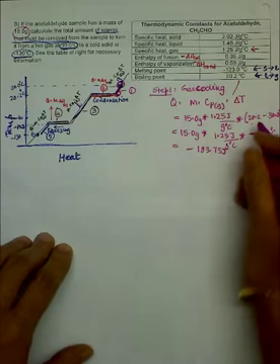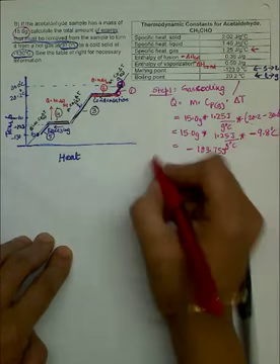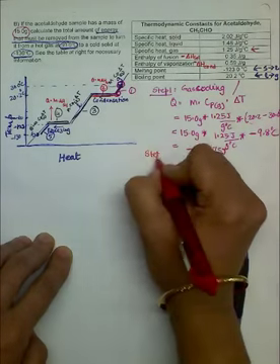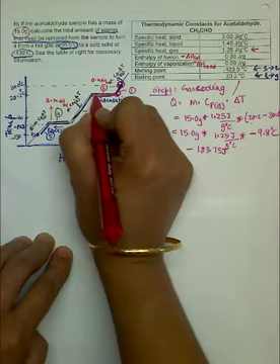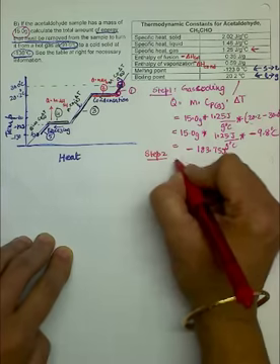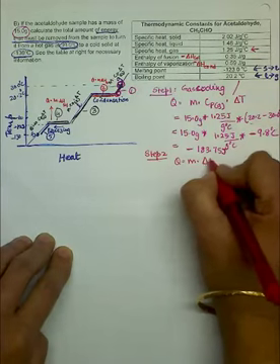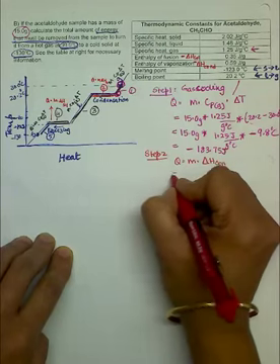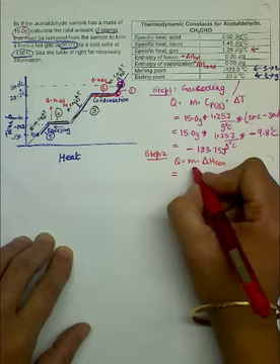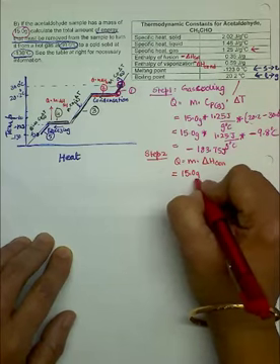Now, let's go to step number 2. In step number 2, the gas is condensing. So my equation is Q equals M times enthalpy of condensation, where M is the mass of the substance, 15.0 grams.